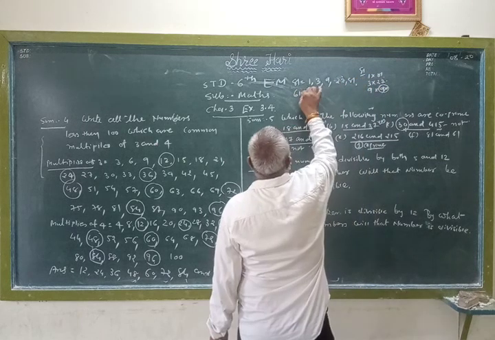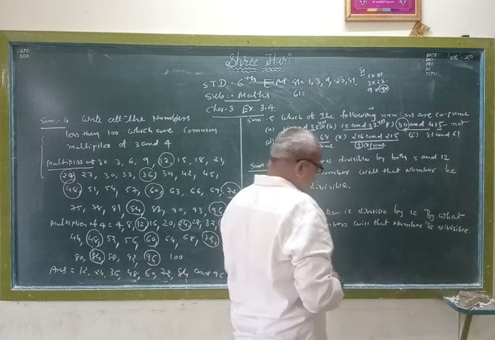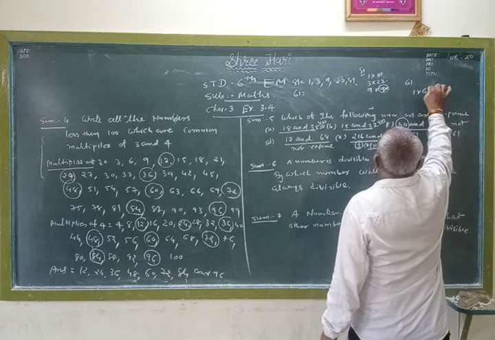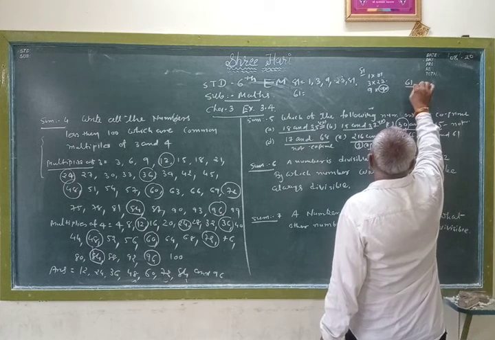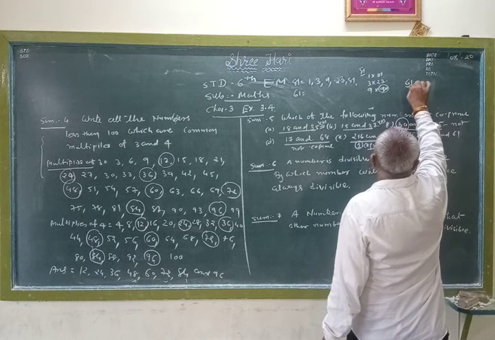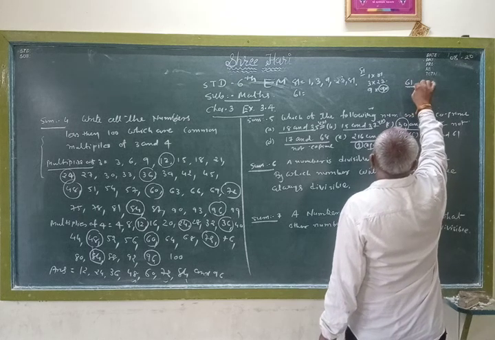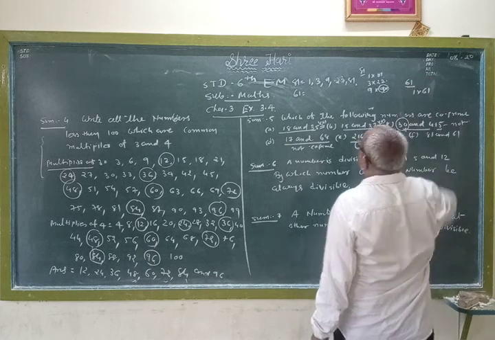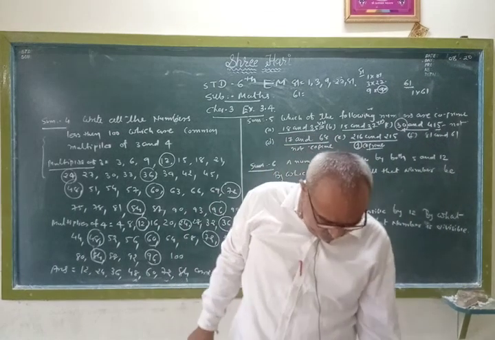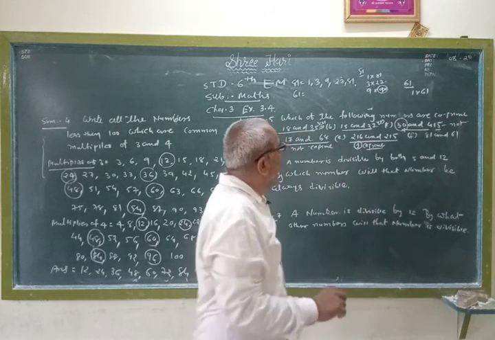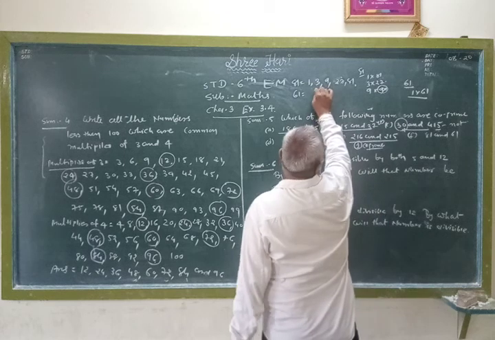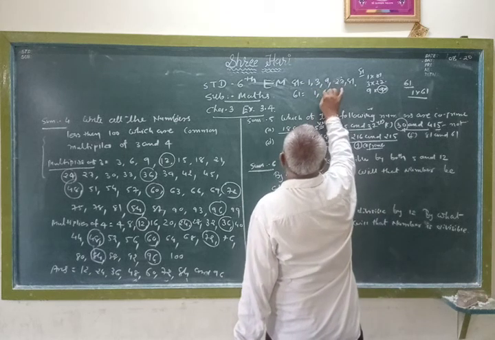Now 61. So we can divide 1 by 61. Then not 2, 3, 4, 5, 6, 7, 8. 61 is a prime number. According to me, 61 is a prime number. So it is 1 and 61.